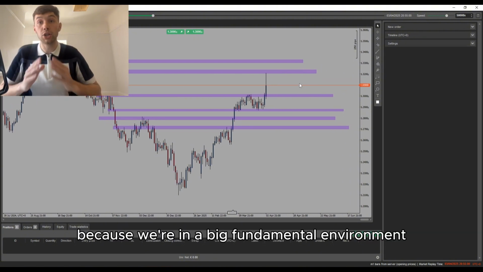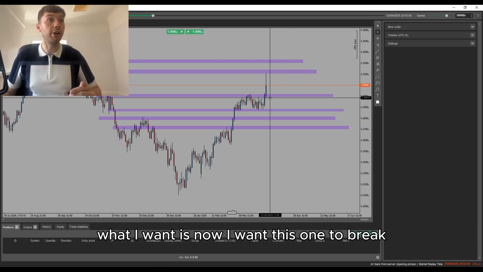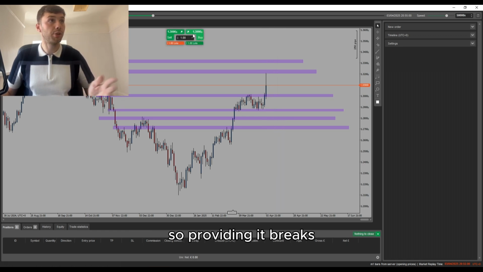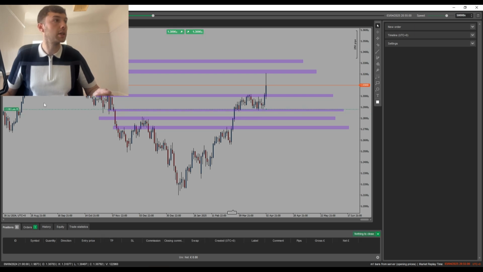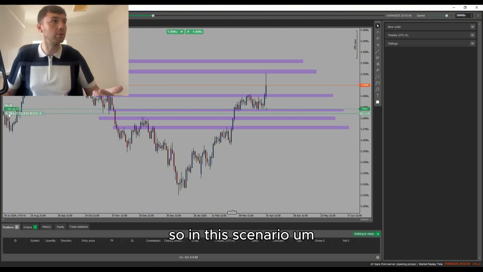So again, because we're in a big fundamental environment, what I want now is this one to break in order to go for this one here. So providing it breaks, this next key level here will be a valid buy. So I'll draw that in like so. And again, you want to just give it enough breathing room. So in this scenario, I'll go around about 40 pips.